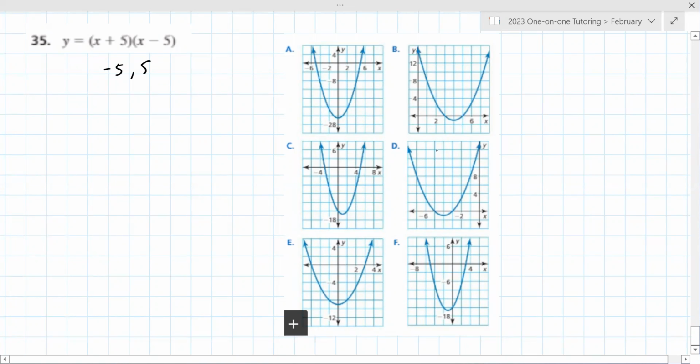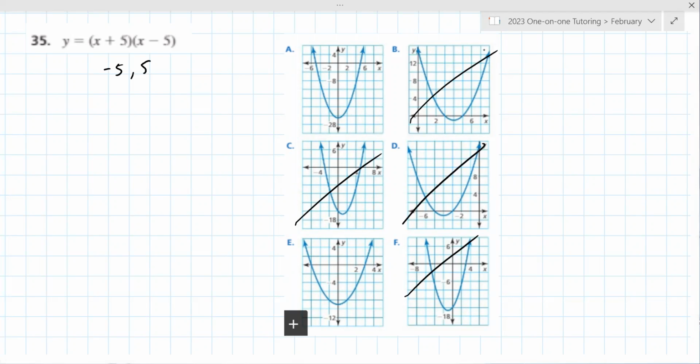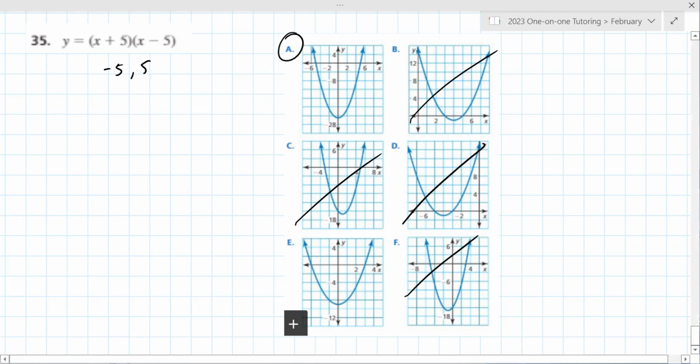Oh wait, no. We've already done D. We've done D, F, C, and B. Okay, so it's down to A or E. It looks like it would be A. Yeah, I agree. And then by process of elimination, the last one would have to be E.